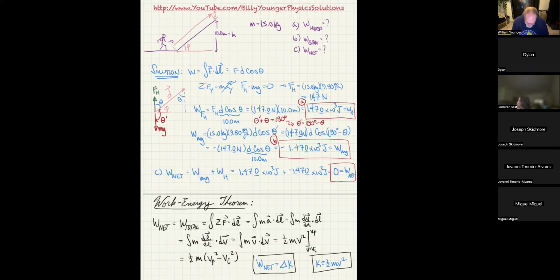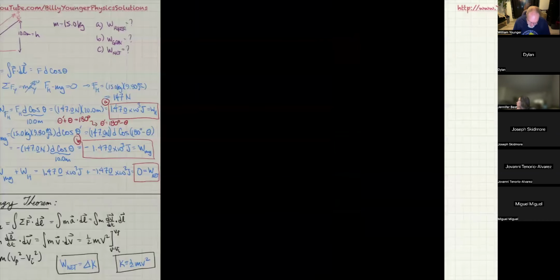Now, let me try to work a couple of problems regarding dot products for you. So what we can do is imagine a coordinate system. I'm going to actually try a three-dimensional coordinate system just to make it kind of neat. So let's say this is our x-axis, this is our y-axis, and this is our z-axis.